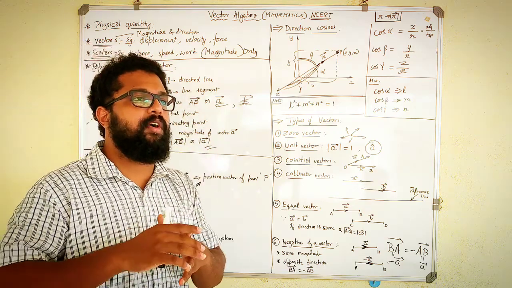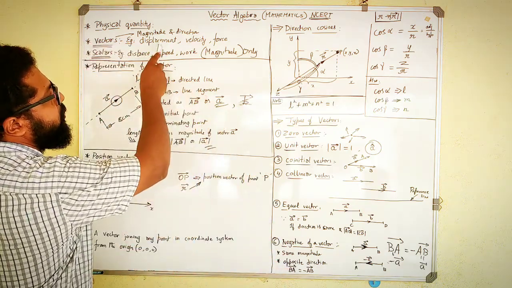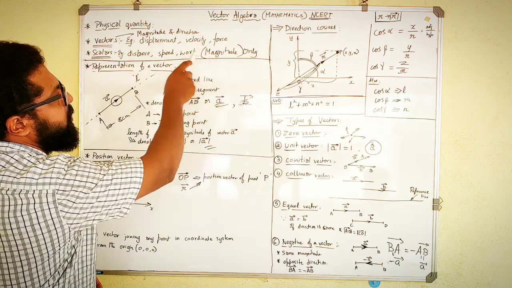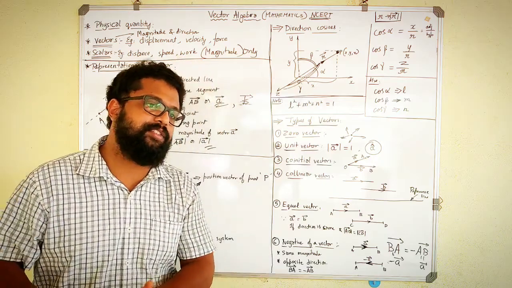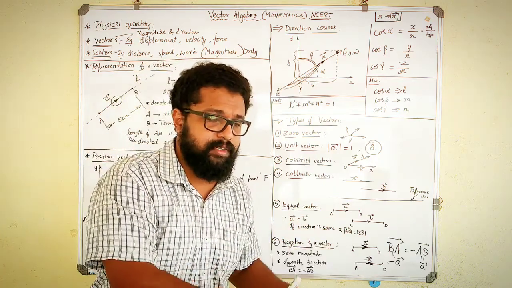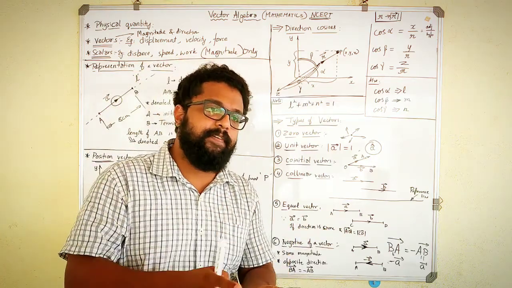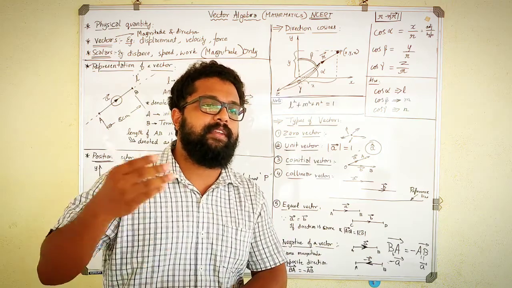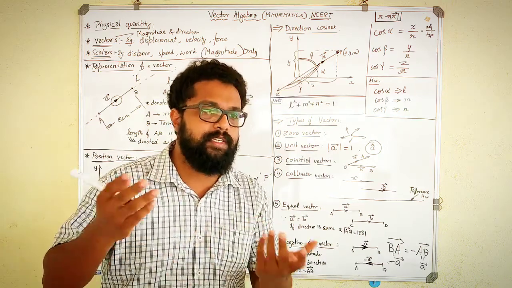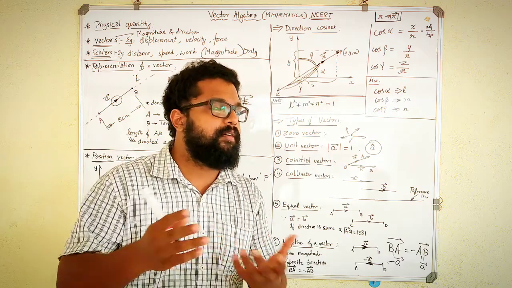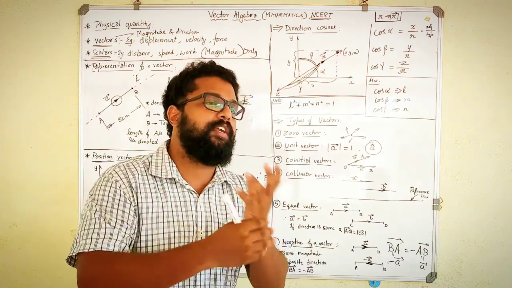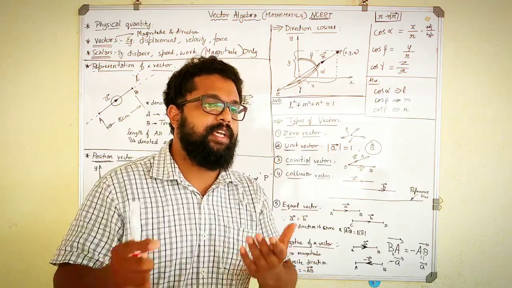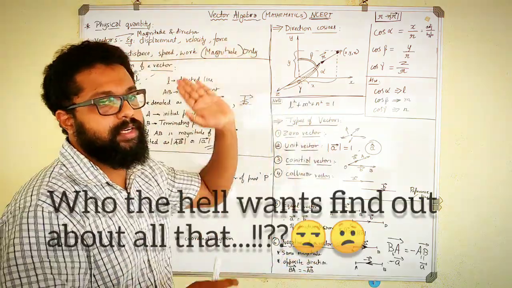There are a lot of physical quantities you need to study: displacement, velocity, force, everything. If I need to understand their characteristics, I should understand vectors. If I study vectors, I can use them in research on finding velocities, changes happening around the earth or movement of the earth in different ways, displacement changing, and all the changes happening in and around us. It deals with all these vector quantities.